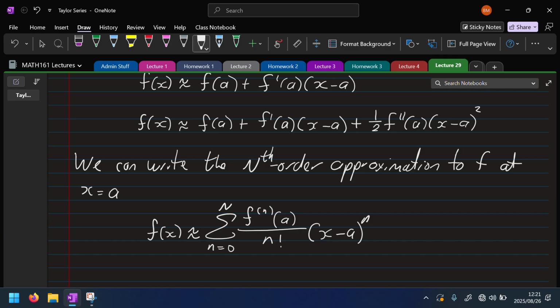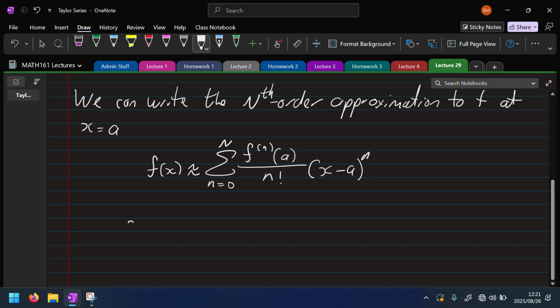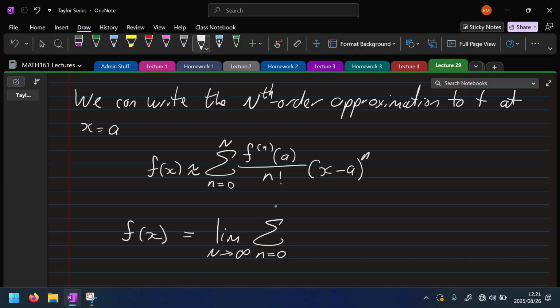Now, if we take the limit as this n goes to infinity, the approximation will become exact. So we have f of x is now equal to the limit as n goes to infinity of the sum, little n goes from 0 to capital N, of the nth derivative at a over n factorial times x minus a to the n. Okay, so you have infinitely many terms added up.